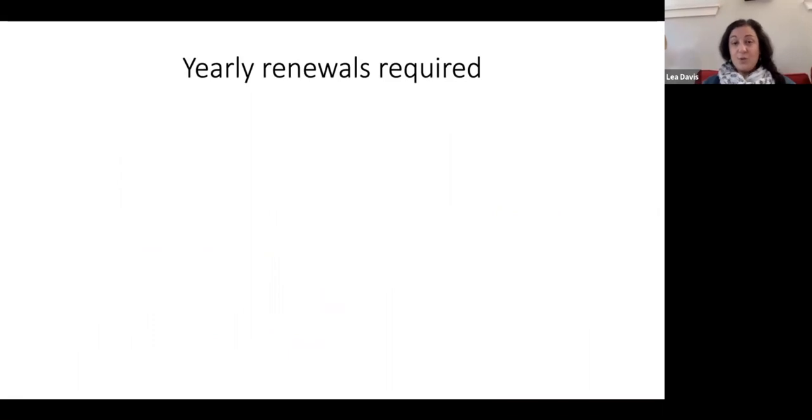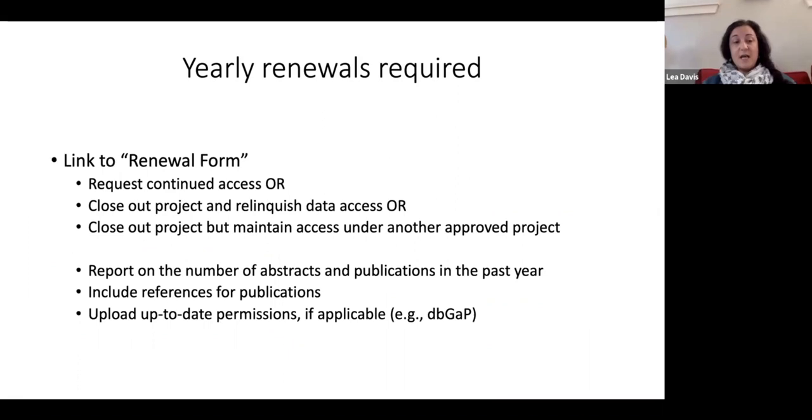We also do require yearly renewals for the PGC data access. And so you will get a link to a renewal form, and that will come about 11 months after your initial application and approval. And we ask that you submit that within the 1 month before your application is expired.